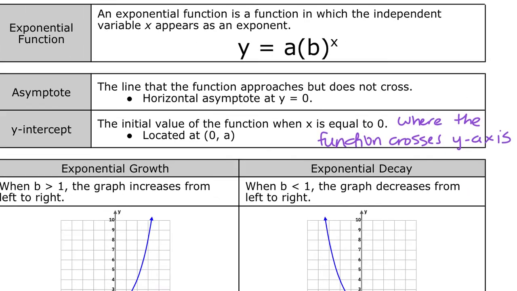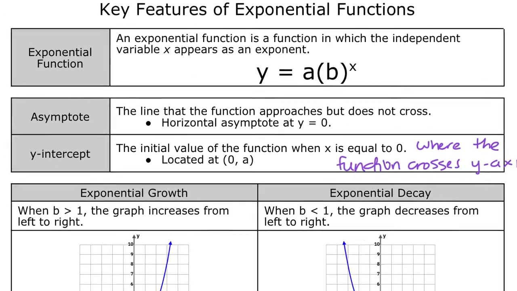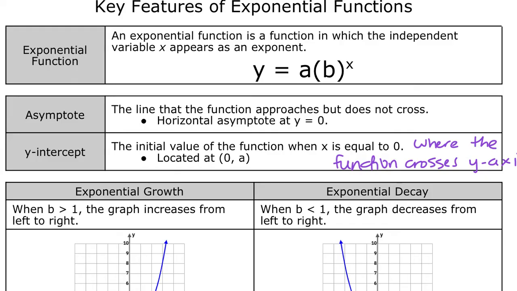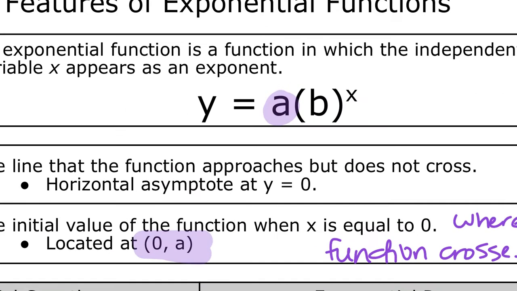Okay, so what's cool about exponentials is that the y-intercept is always going to be located at 0, comma a. And that a I'm getting from the equation up here. So whatever number happens to be there, that's going to be your y-intercept.